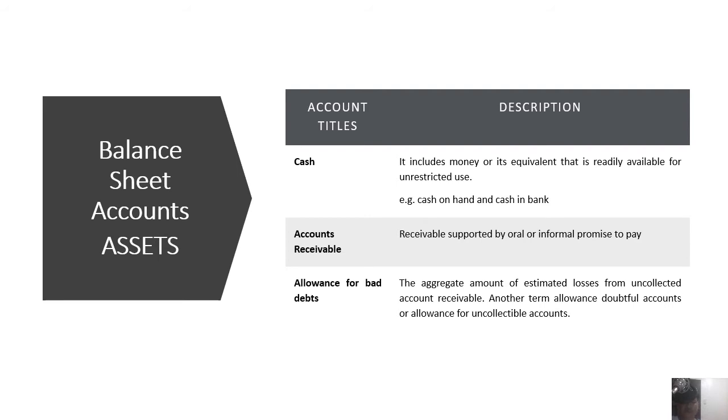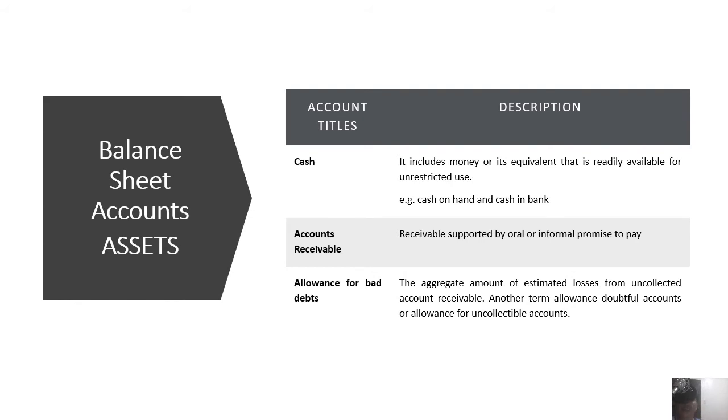Cash. So, it includes money or its equivalent that is readily available for unrestricted use. So, ang example dyan ay cash on hand and in bank. So, pera. Basta pera, cash yan.